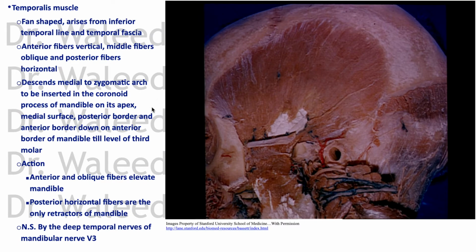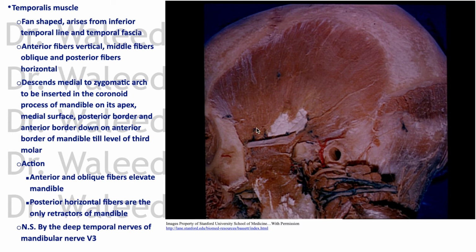Okay, the temporalis muscle underneath. It's a fan-shaped muscle, as you can see. It's been described in some sources as having anterior vertical fibers, middle oblique fibers, and posterior horizontal fibers, as you can see here.